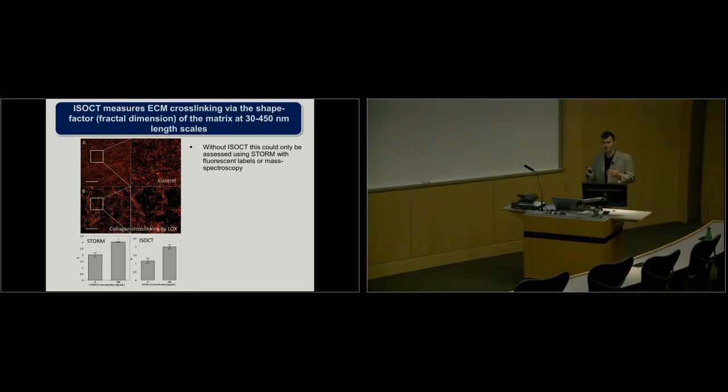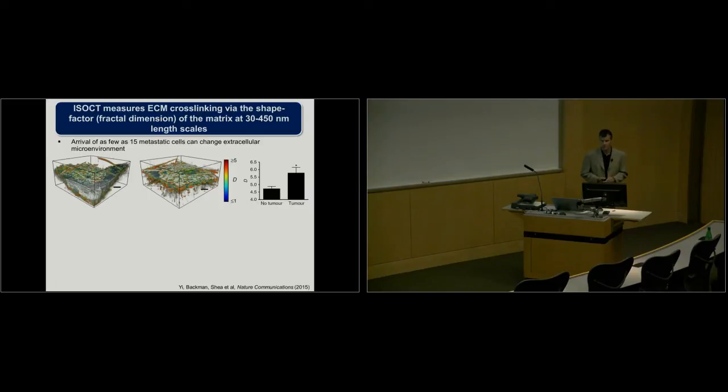A higher fractal dimension indicates cross-linking. That's one way to do it. At the same time, you can do the same thing with ISOCT at a speed that is much faster than a second. And you can also scan millimeter-sized areas to get a very comprehensive picture. So it's a very fast way of measuring ECM cross-linking.